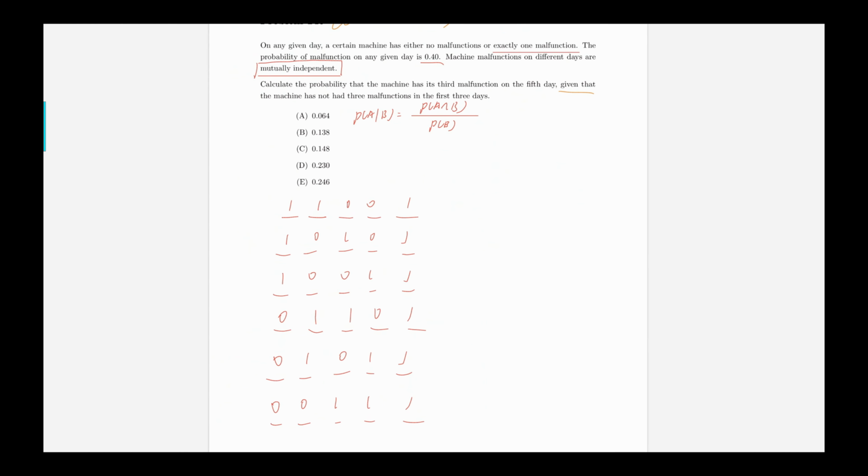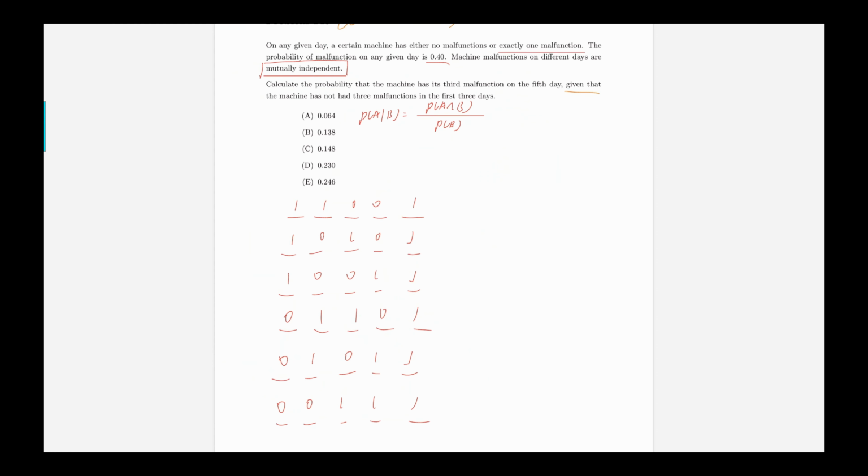And what's their probability? Well, for all the cases, since they are mutually independent, I can just multiply the probabilities of each day together.